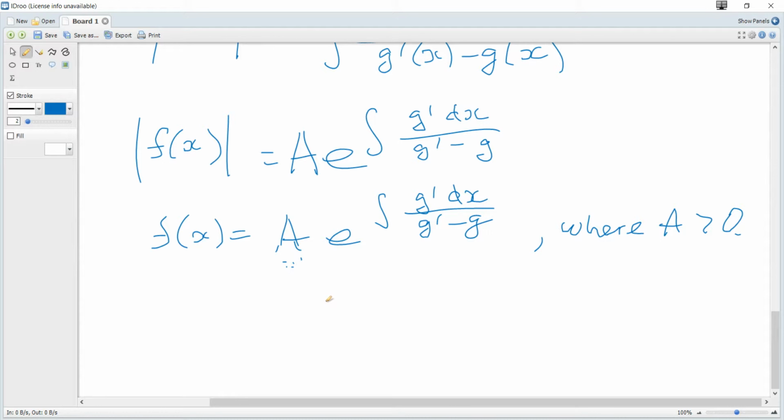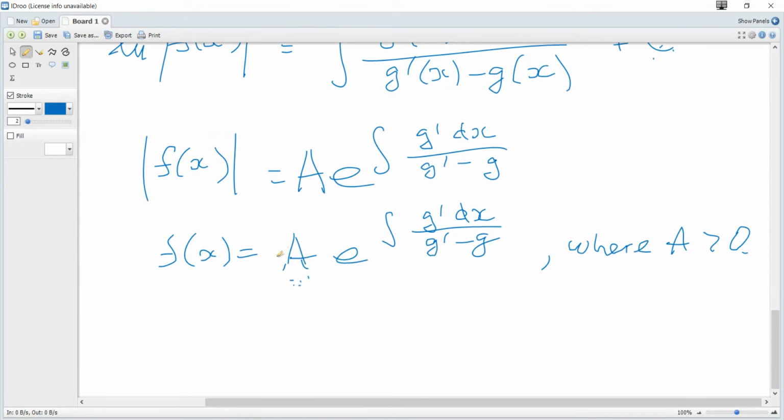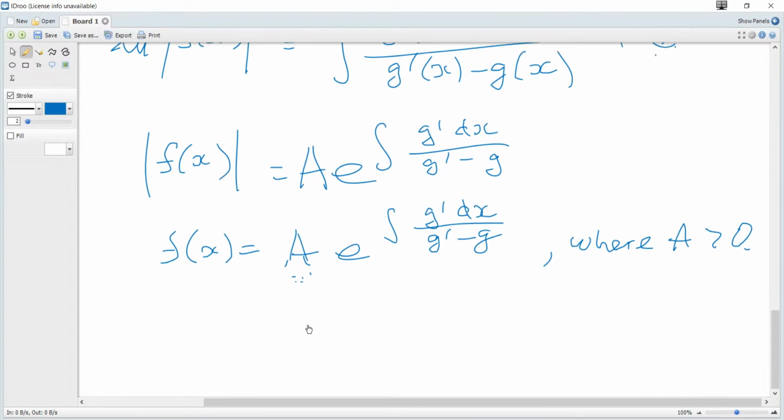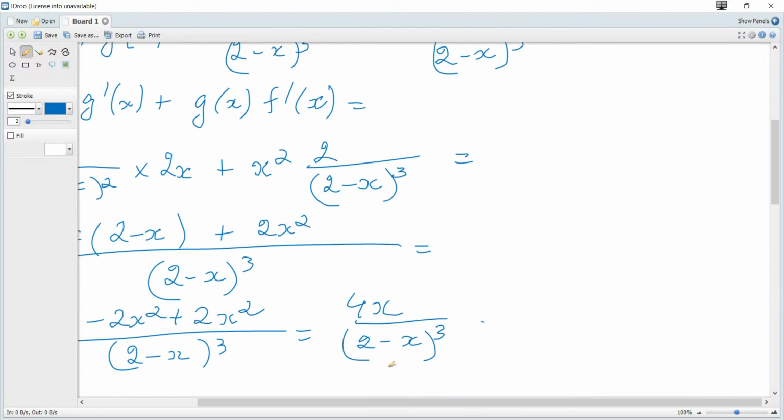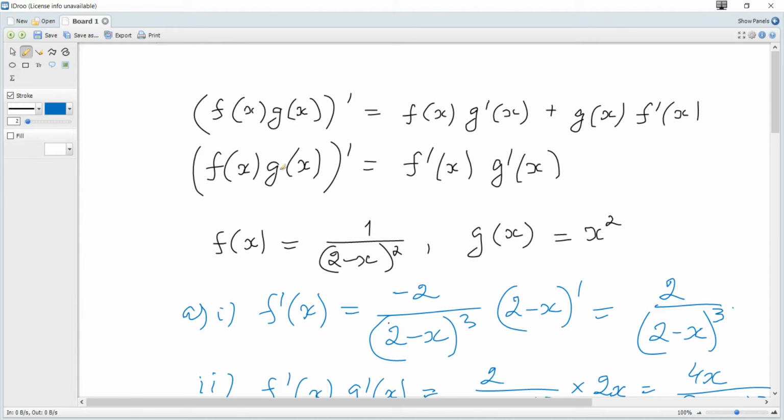It was 2 marks. The result from part C can be used to find pairs of functions f of x and g of x which satisfy both of the following. It means the usual product rule together with this.